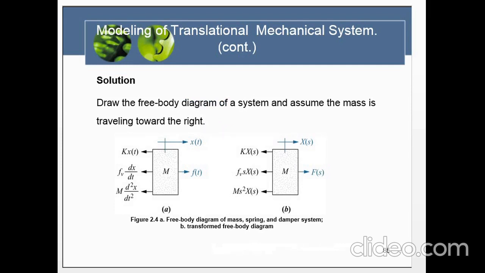First we draw the free body diagram of the system and assume that the mass is traveling toward the right.